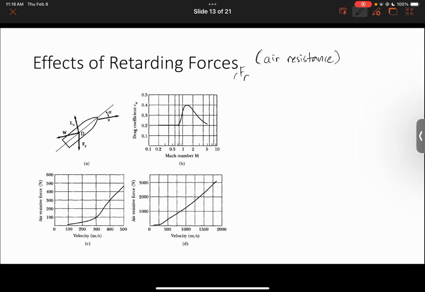Yung retarding force na yan is actually dependent on the velocity, or instantaneous speed. Speed na lang ilagay natin. Which means na habang nagbabago yung speed nung particle, nagbabago rin yung retarding force.